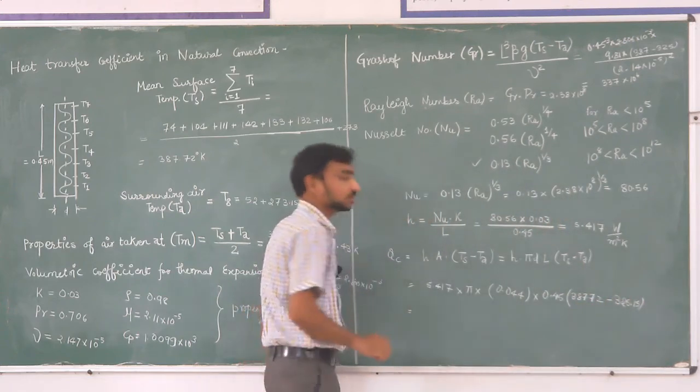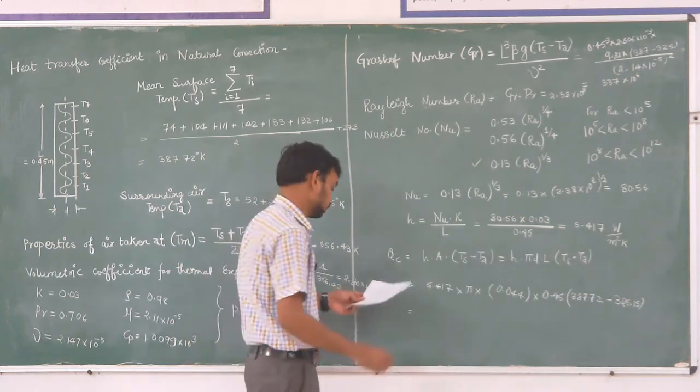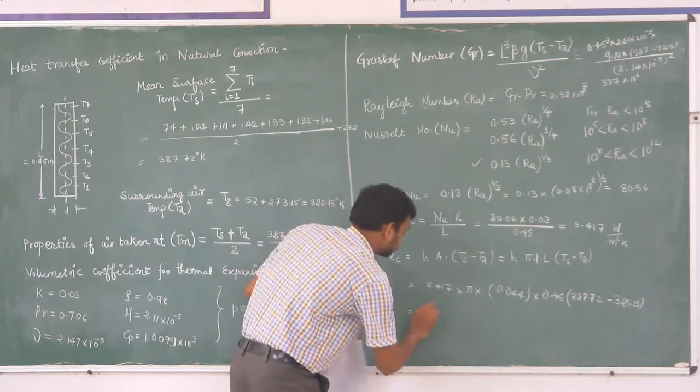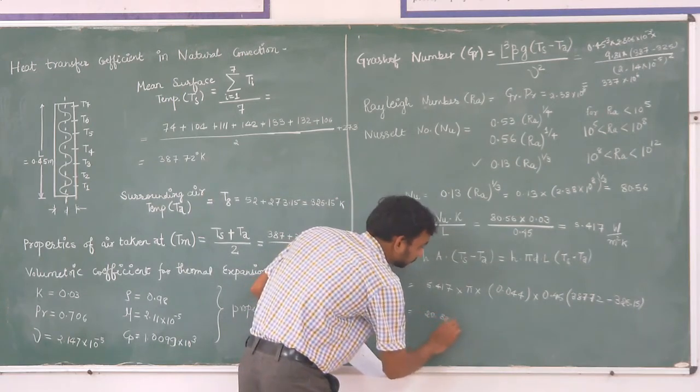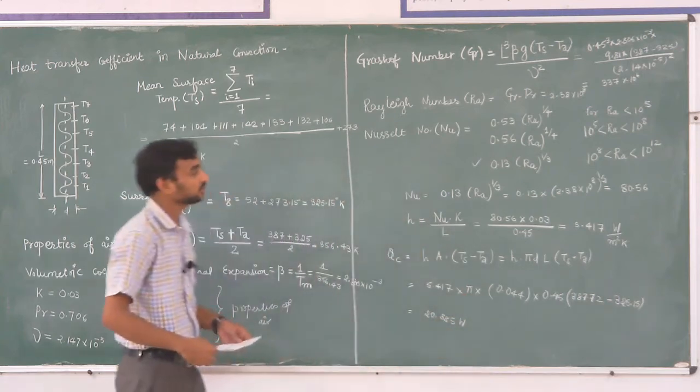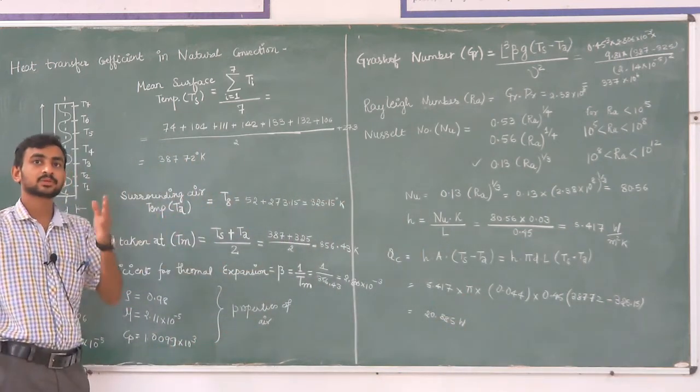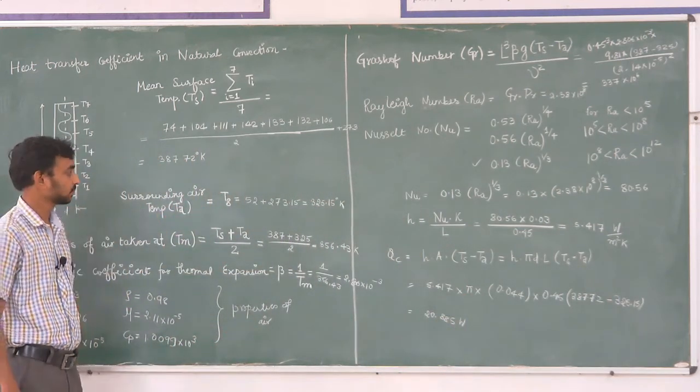So, the heat transfer to the surrounding air comes out to be approximately 20.885 watt. So, this is how we calculate the heat transfer coefficient for natural convection.